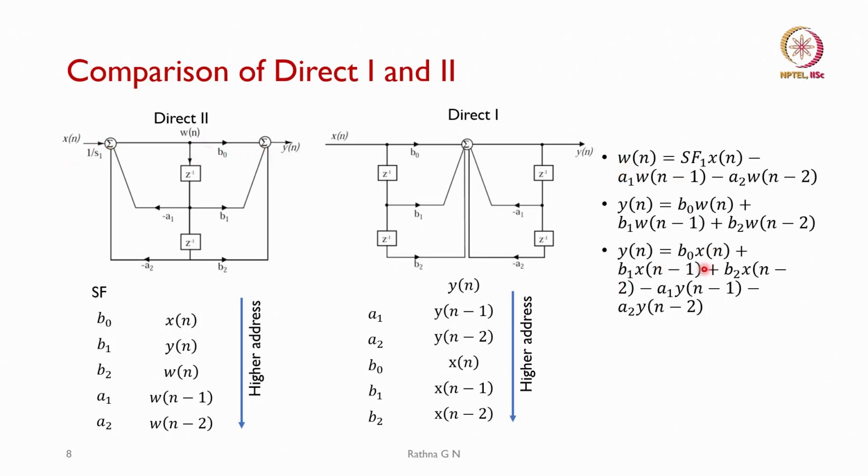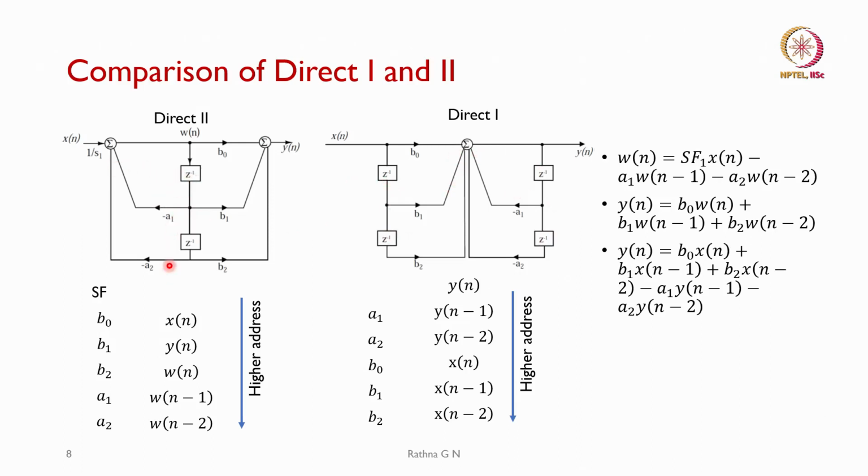We have y of n, as we know, equal to b naught into x of n plus b1 into x of n minus 1 plus b2 into x of n minus 2 minus a1 into y of n minus 1 minus a2 into y of n minus 2. In both cases it is the same, but the delay elements needed here are 4 delays, whereas in the other case it becomes only 2 delays.